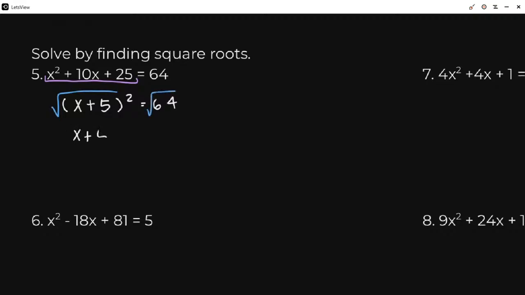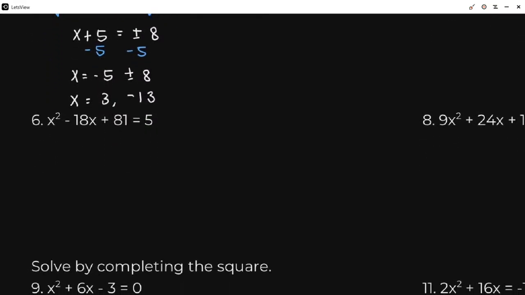So that's x plus 5 equals plus minus 8. And then we'll have to subtract 5. So x equals negative 5 plus minus 8. And then you'll have to find each one. So the first one is adding 8, and then the second one is subtracting 8. So negative 5 plus 8 is 3, and negative 5 minus 8 is negative 13.